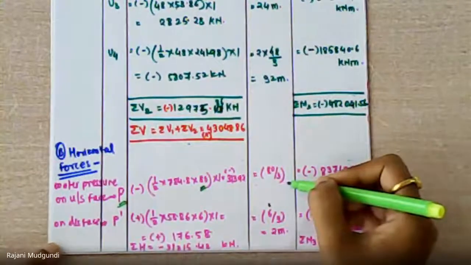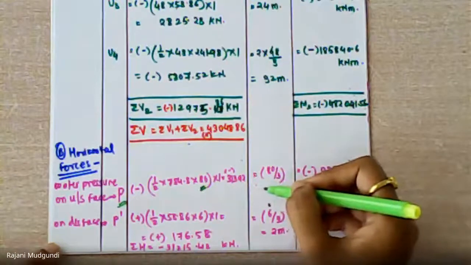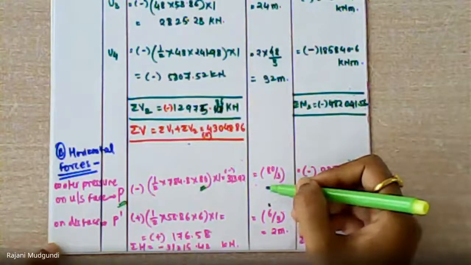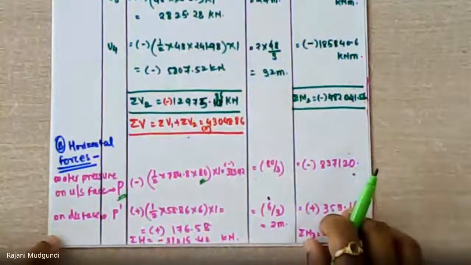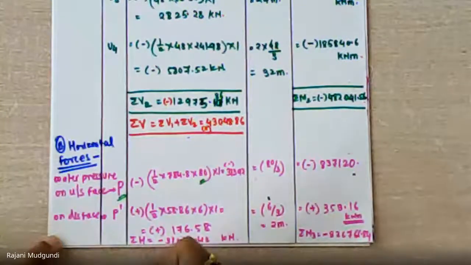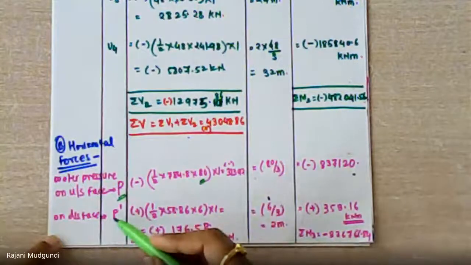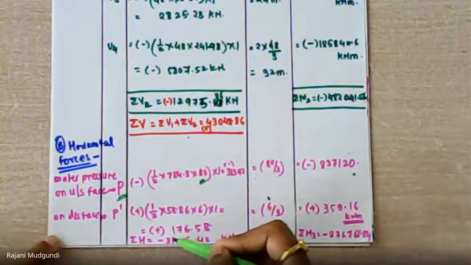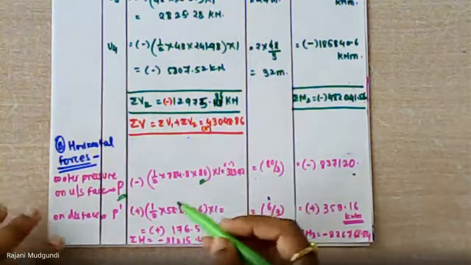Moment is to be taken about the toe. So the triangular distribution will act at h by 3 from the base. Similarly for the downstream side, capital letters will indicate forces, whereas small letters will indicate pressure intensity. So capital P dash will be the hydrostatic force on the downstream side.